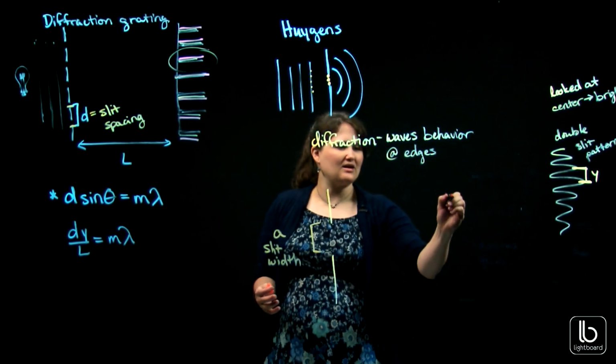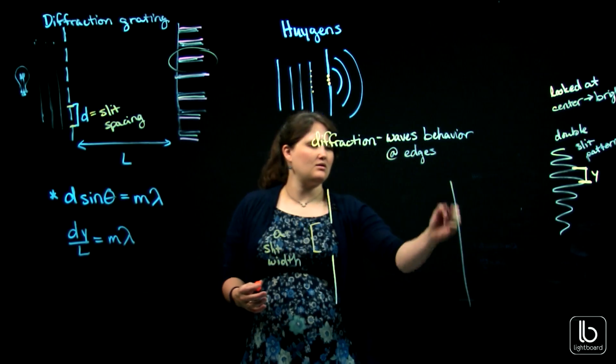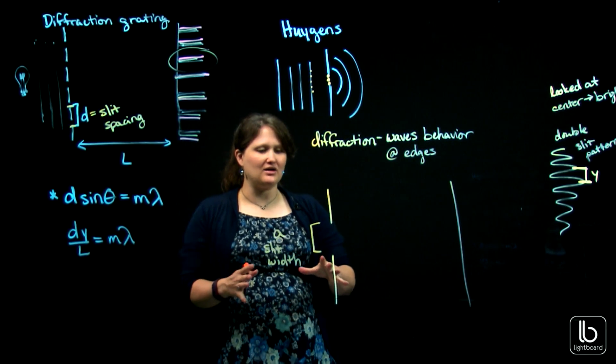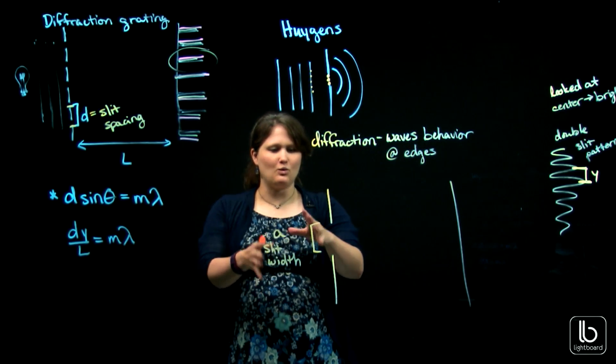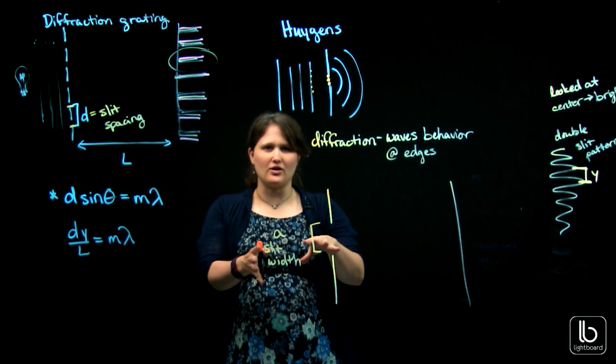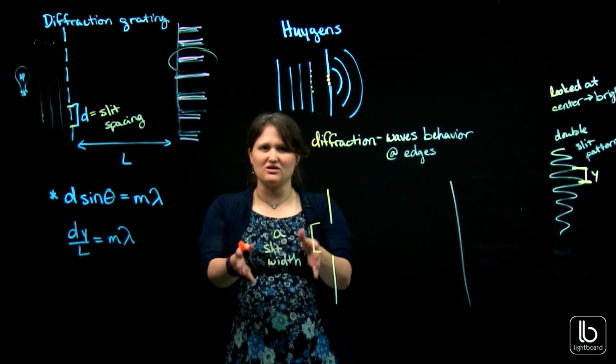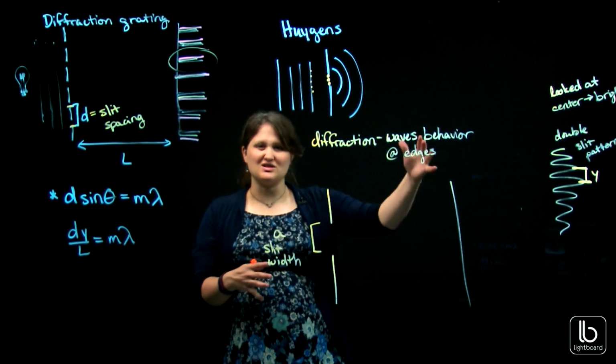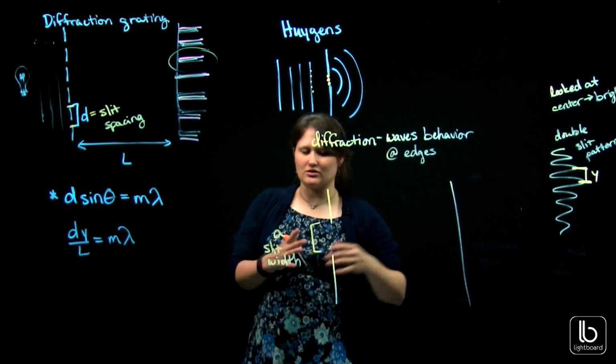And similarly, I can have my screen over here. And if my wavelength is on the order of magnitude with the slit width, then I actually start to see this diffraction pattern start to form.